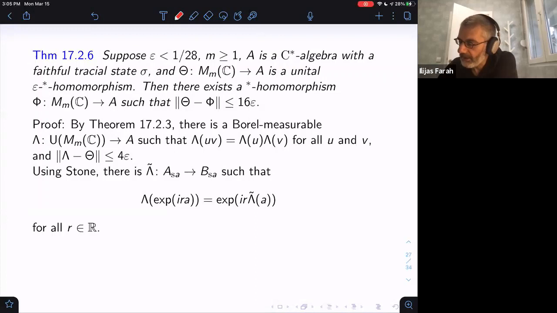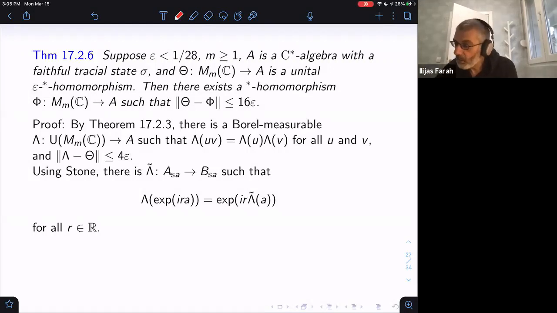And you see, this sort of answers Daniel's question, that the lemma which guarantees that we can extend this map talks about tracial state. So we need to check that lambda does preserve tracial states.